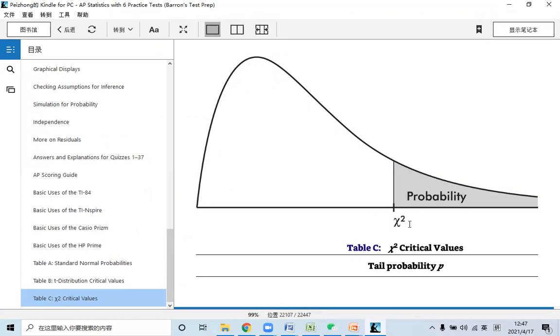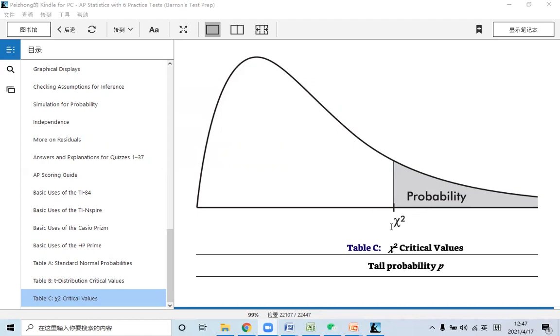That's the question. So we need the cutoff here. What kind of critical value would you have to reach to be included in the shaded area?